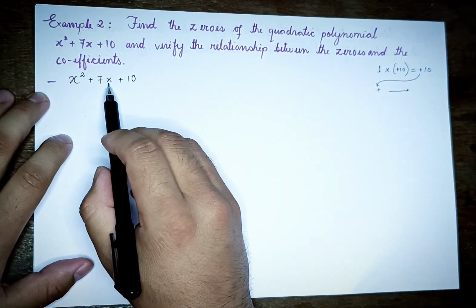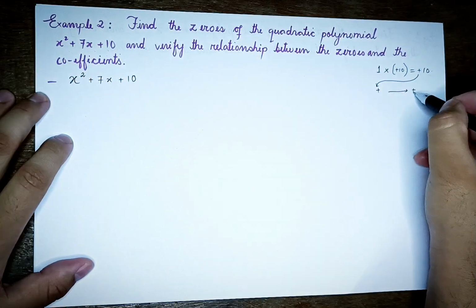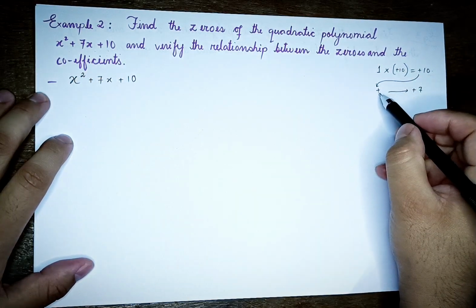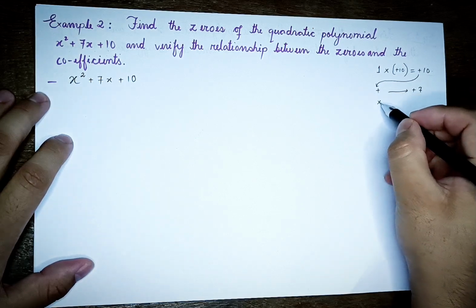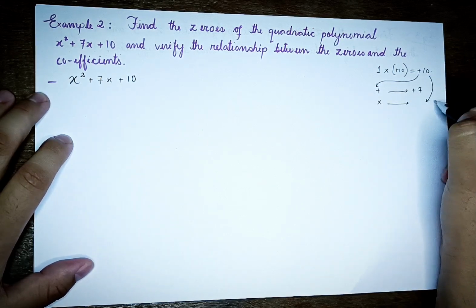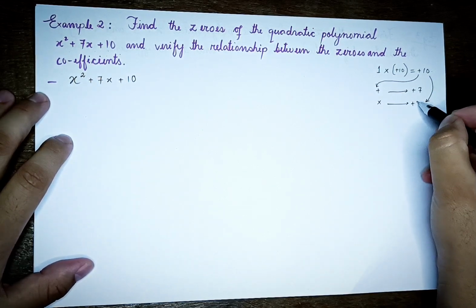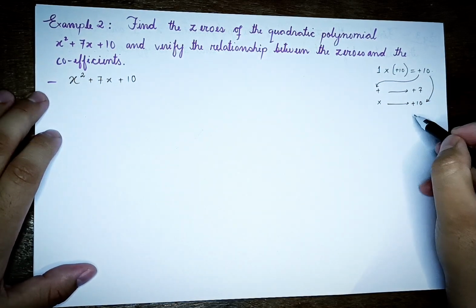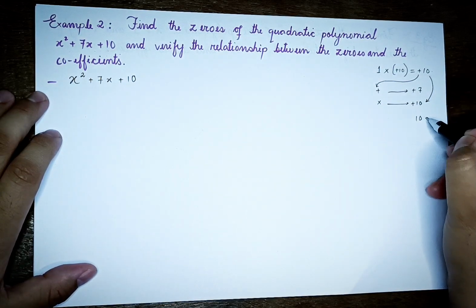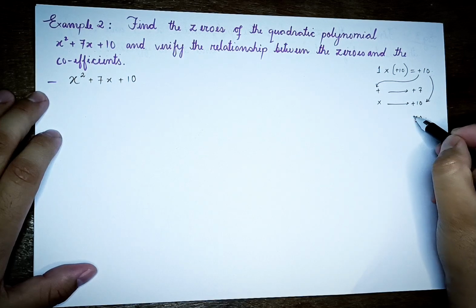The coefficient of x is plus 7. So we are going to be finding out numbers such that by adding, the answer must be plus 7, and by multiplying, we must get plus 10. How do we find it? We can find this by prime factorizing 10.